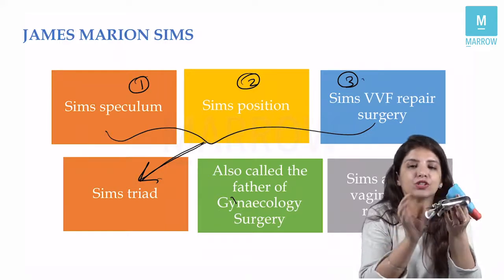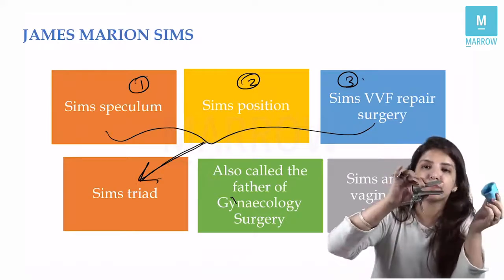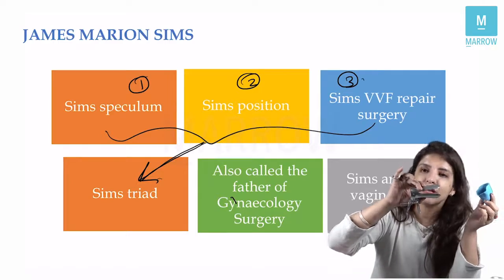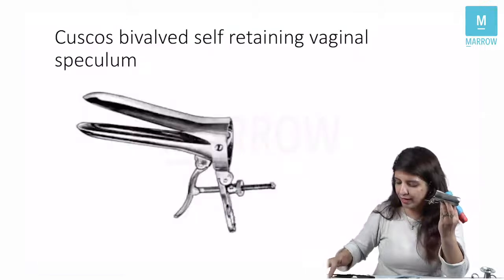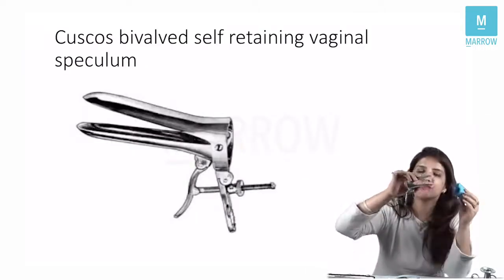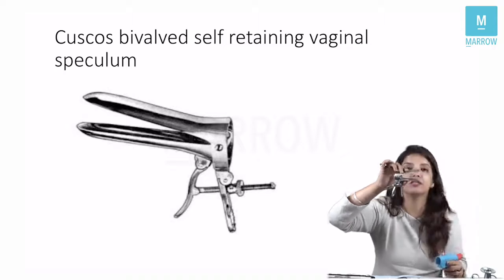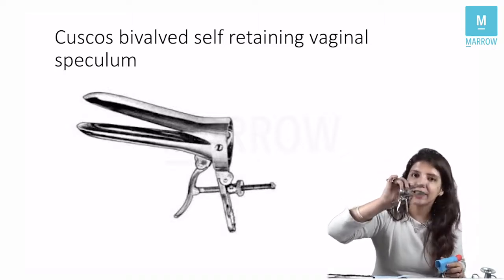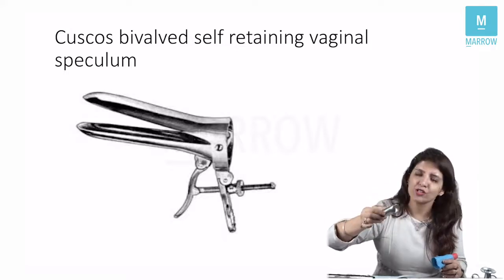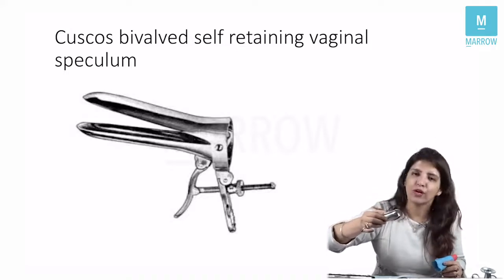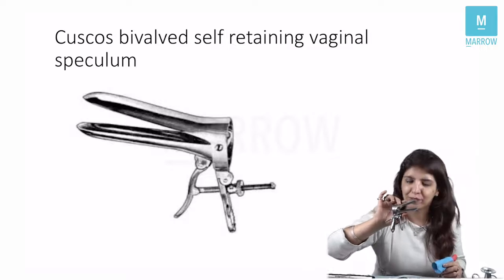This is a Cusco's bi-blade speculum, or a double-bladed self-retaining speculum, right? So over here I have the Cusco's bi-valved self-retaining vaginal speculum, right? The complete name is important for the final year students. Rest of all who are going to give their PG entrance or FMGE, this is a Cusco's speculum, right?